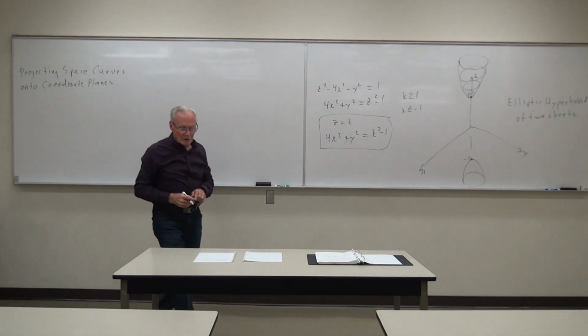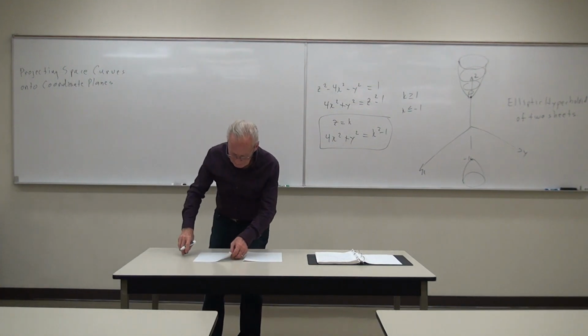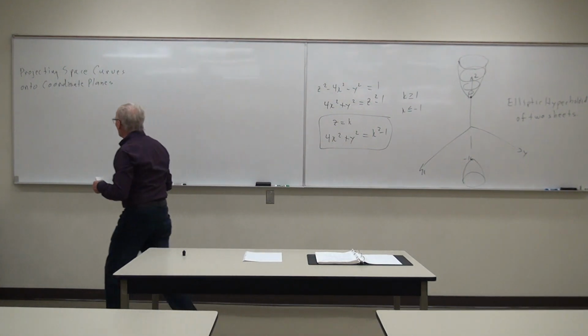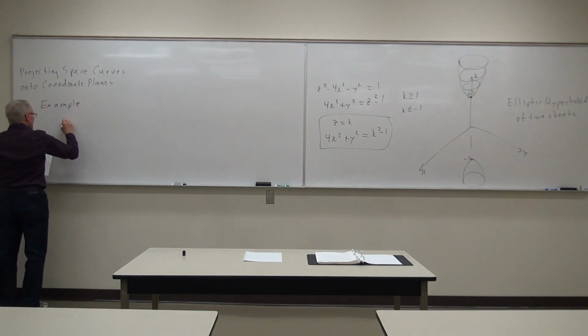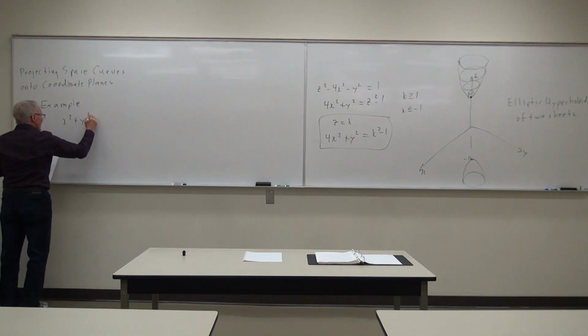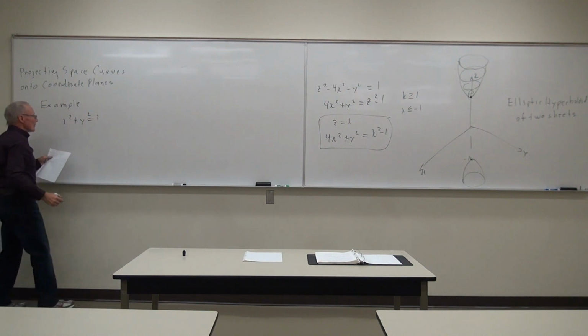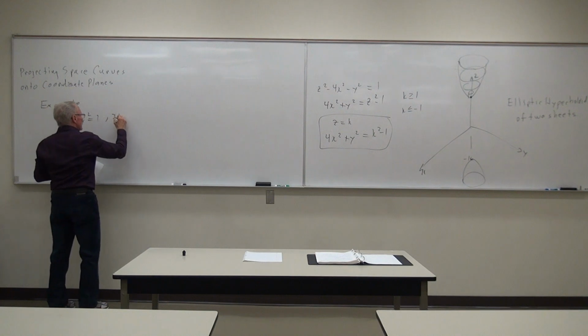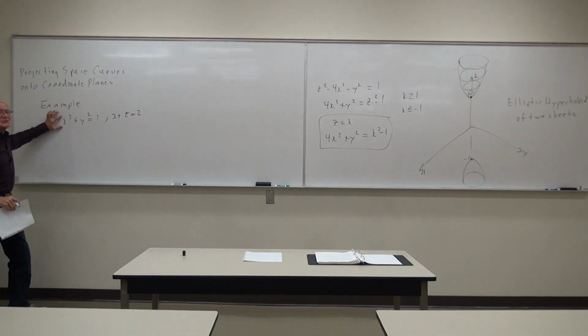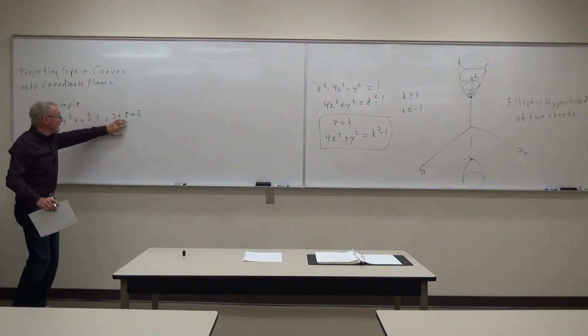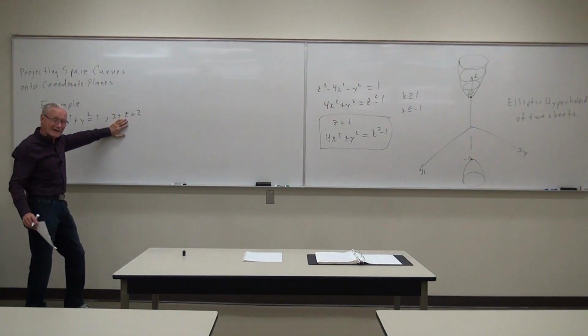I want to do 2 examples to illustrate it. Suppose I give you the following surface: x squared plus y squared equals 1, which is now common knowledge to us, and x plus z is equal to 2. We have here a cylinder wrapping around the z-axis, radius 1. We have here a plane.